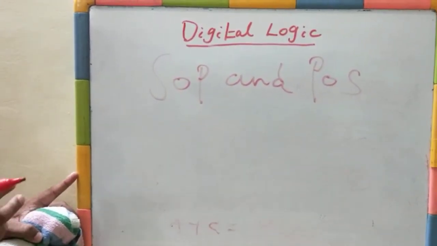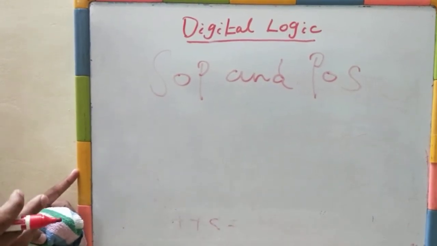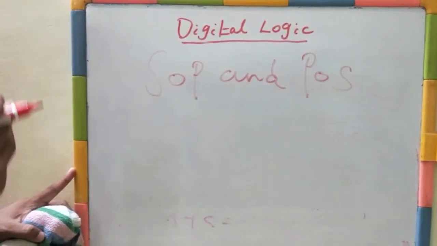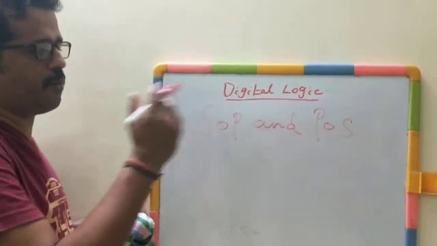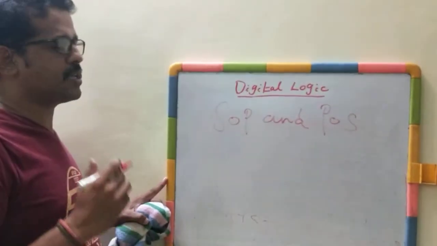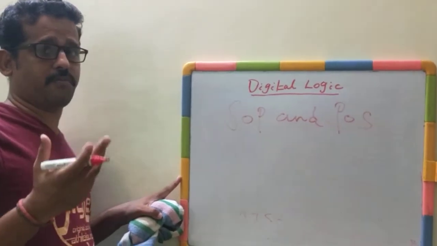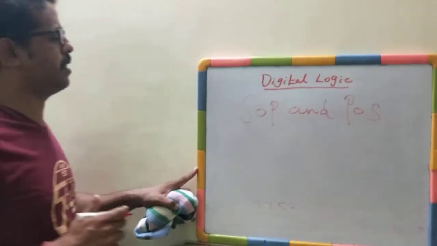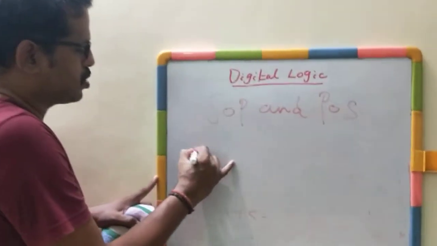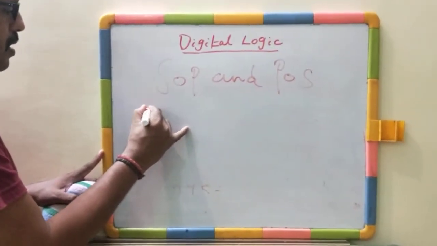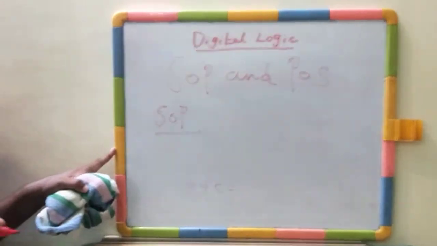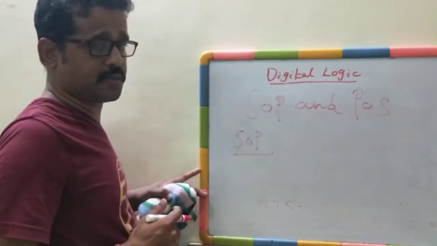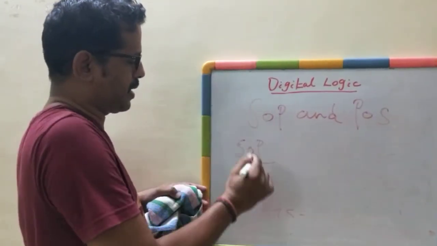For a given logical or Boolean expression, we are going to find an equivalent expression in the form of sum of products or product of sums. First we should know how a sum of products expression looks. I will give you an example. SOP, sum of products, as the name implies, we add the product terms.